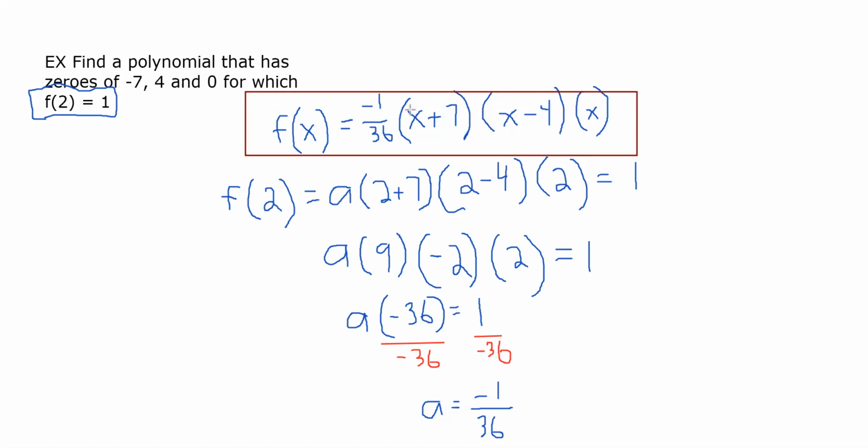And if you were so inclined, you could FOIL out this x plus 7, x minus 4, combine like terms, distribute through this x, and then distribute through this -1 over 36. But we don't necessarily have to do that. We can leave it in the factored form here, because that's just going to make our life easier.